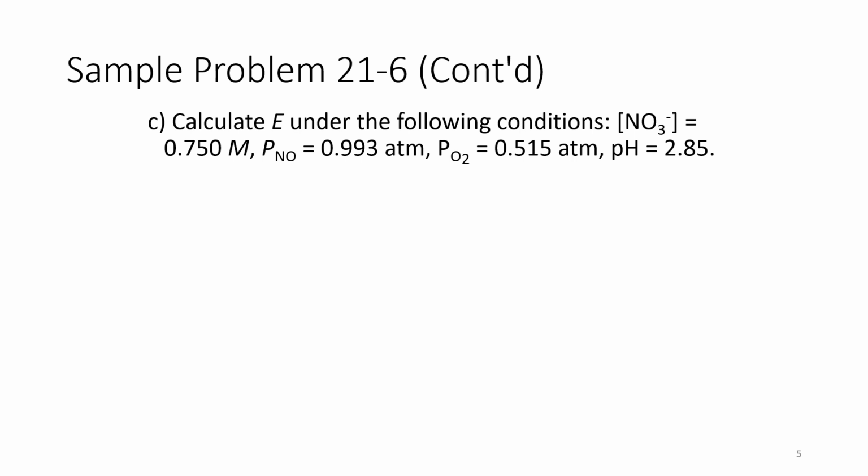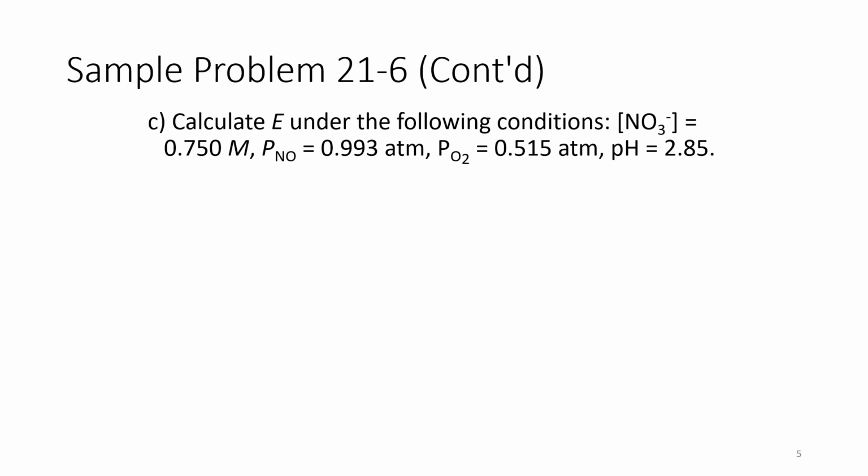Continuing our sample problem 21-6, in part C it wants us to calculate our voltage under nonstandard conditions. It gives us the concentration of nitrate, the pressures of nitrogen monoxide and oxygen, and then it gives us the pH.